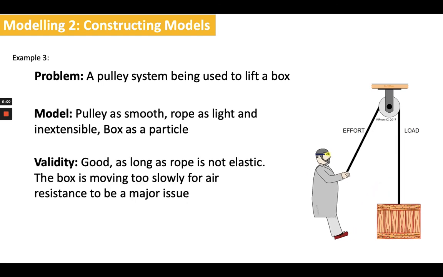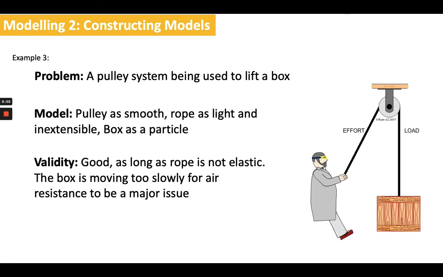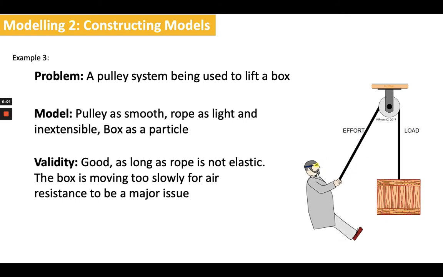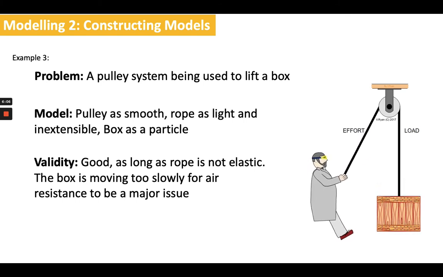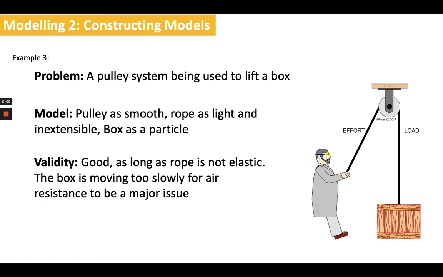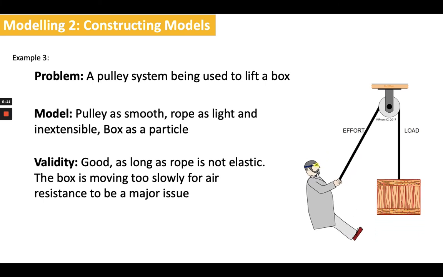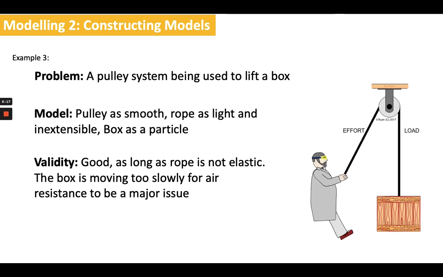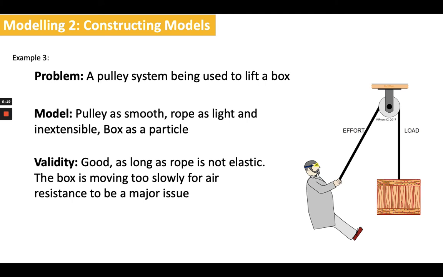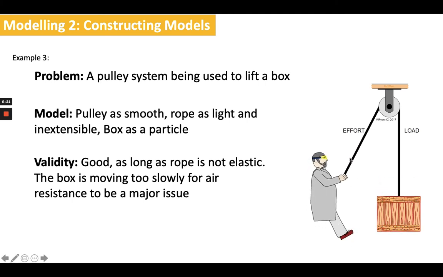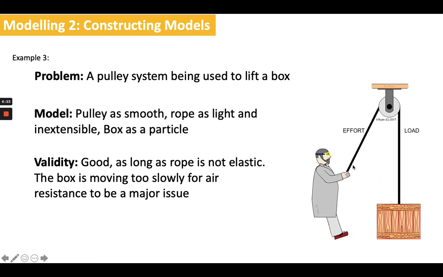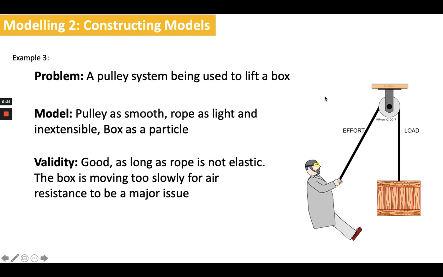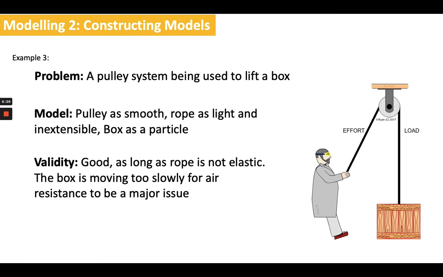Now, my validity will be fairly good here. I'm uninterested in any resistive forces because the box is going to be moving too slowly for their resistance to be a serious issue. The validity is only going to be seriously affected if the effort being put on this side, the force on this side, is being dissipated along the length by some elastic nature of that rope.